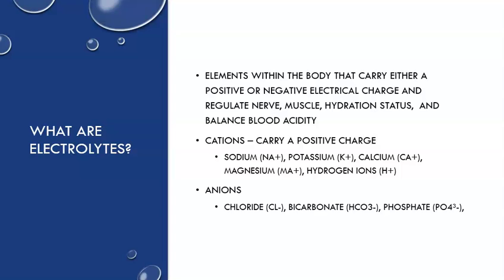We need these to regulate nerve stimulation, muscle function, and our hydration status, and they balance blood acidity. Sodium bicarb is a big medication that we'll use in critical patients if their blood is too acidic.